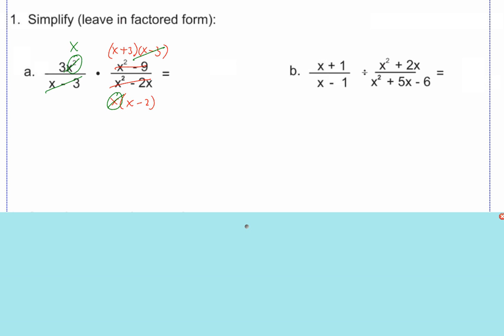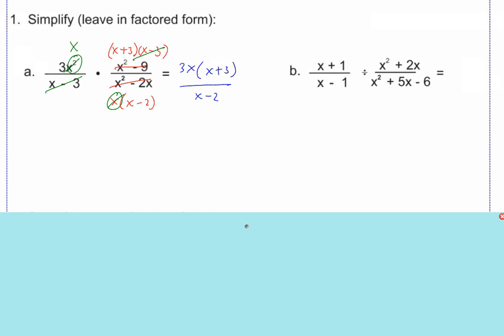So we're going to have you leave it in factored form for time's sake. Because if you take the time every time to multiply these things out, and this one's not so bad, but some of them get complex, it'll eat too much time, and we're more concerned about you knowing the concept. So for that reason, we're leaving it factored, though technically you should multiply it out. So technically, it's not really finished.